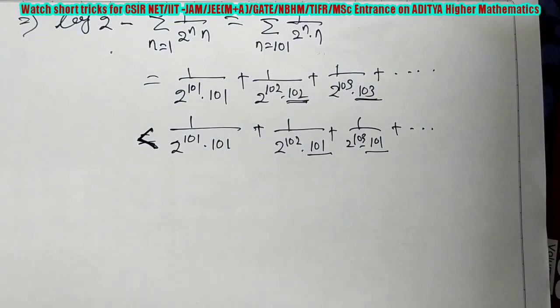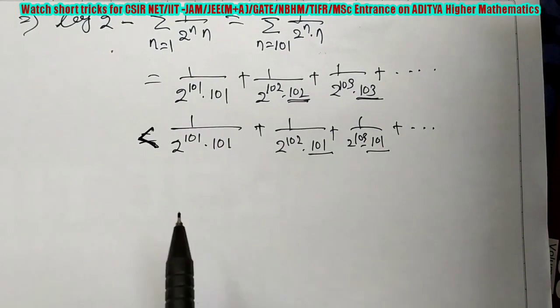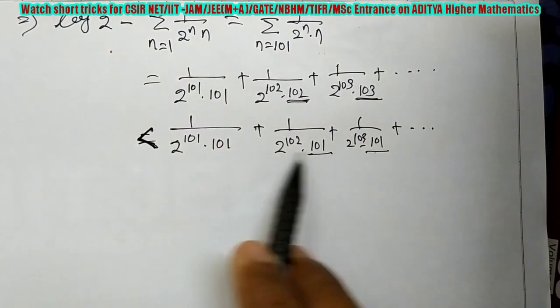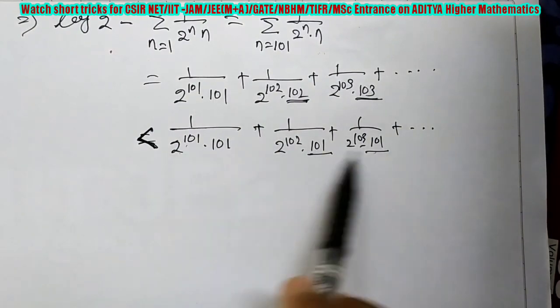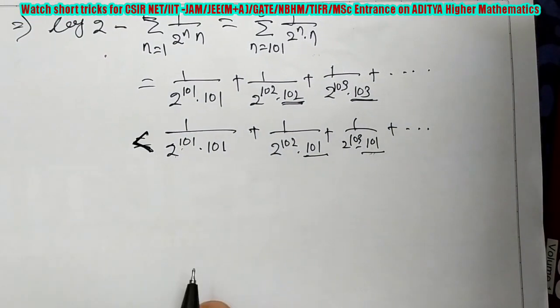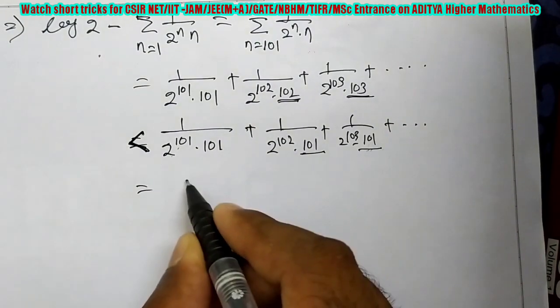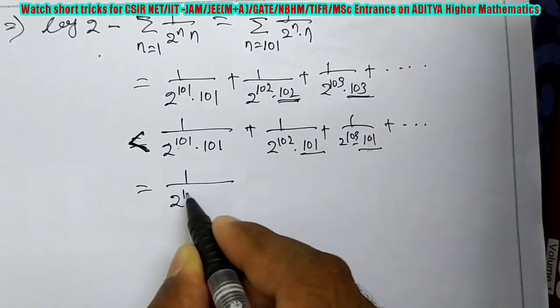When the denominator is more, obviously the value is less, and when the denominator is less, the value is more. So here we are getting a smaller denominator in comparison to this one, so it is greater than that previous series.